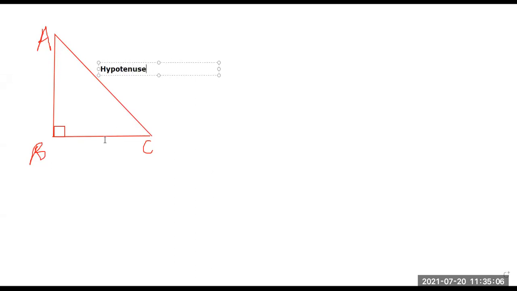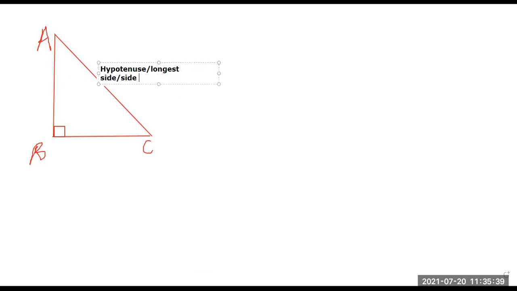Hypotenuse. Yes. What is another name for this? Yesterday also we discussed. Yes. The longest side of the triangle, the longest side of the right triangle. And a little while ago I also told you one more name. Yes. Sir, the side opposite to the right angle.